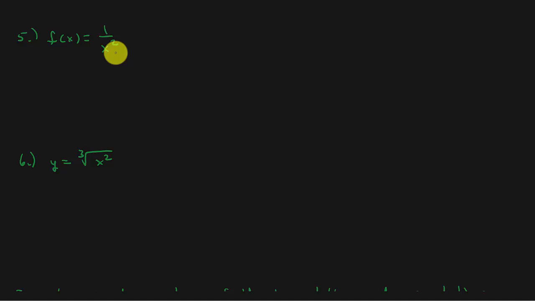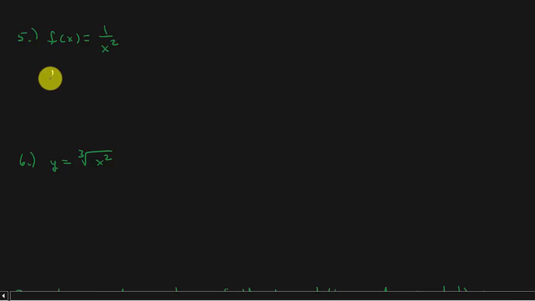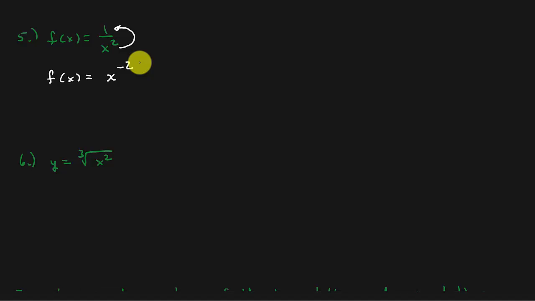So what we've got to do is rewrite this thing so we have x raised to a power. So I'm going to rewrite my function first. Remember, anytime you move something across the fraction bar, it changes the sign of the exponent.